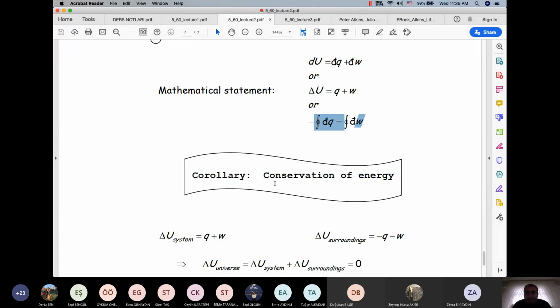Yoktan enerji var edemeyiz. Var olan enerjiyi de yok edemeyiz. Enerji sadece ısı ve iş şeklinde iki formda olur. Enerjiyi birbirlerine dönüştürebiliriz, ısı ve iş arasında, ama asla yok edemeyiz. Tamam mı? Yani universe'in, kainatın enerjisi neyse o sabittir. O değişmez.